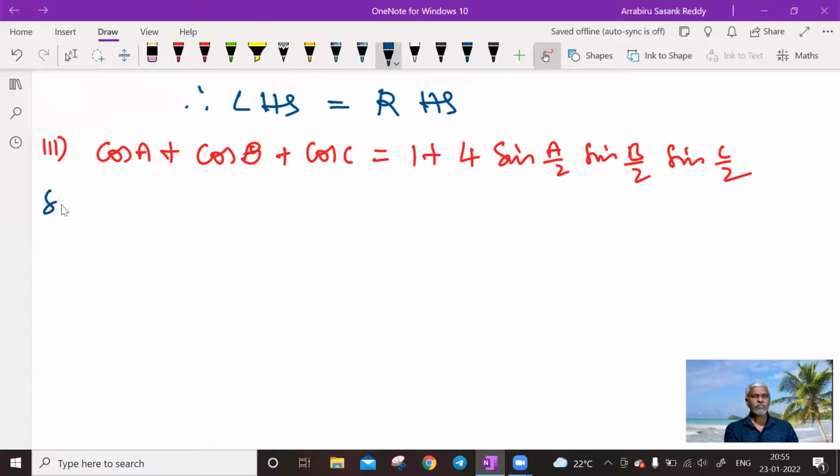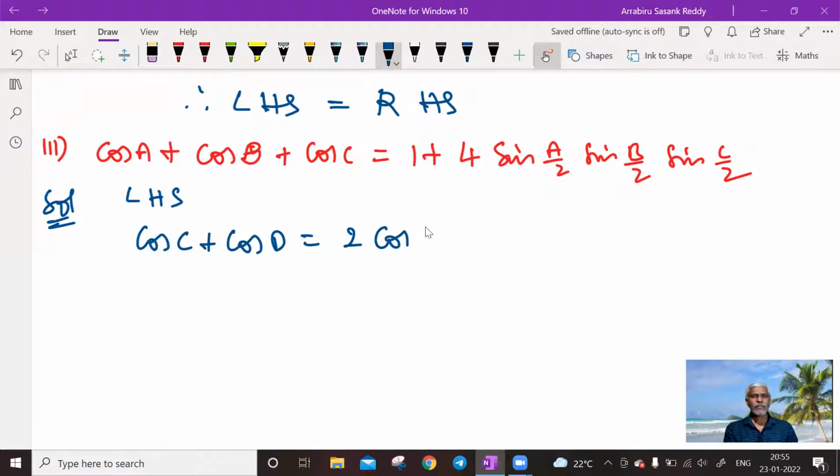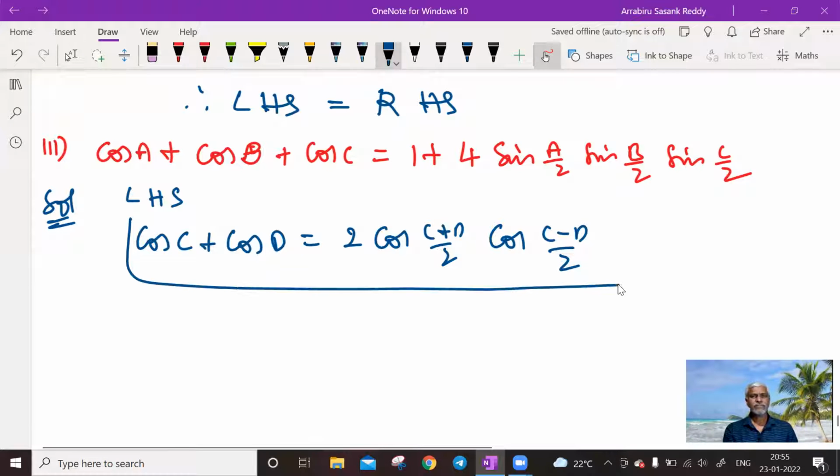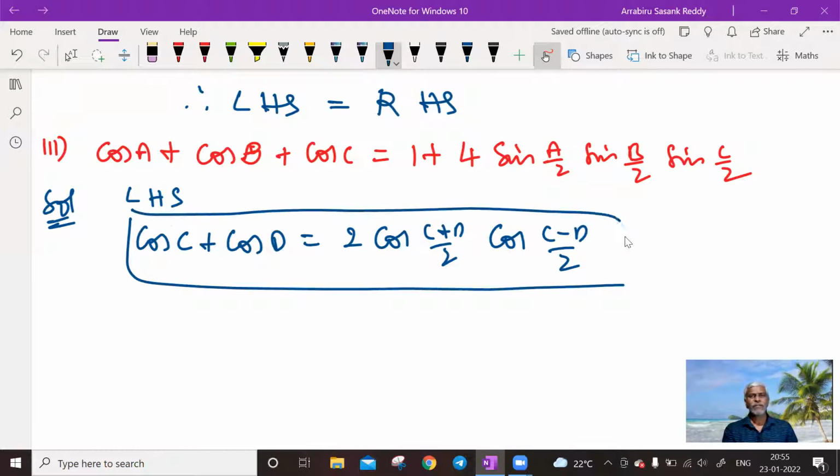Now let us take the left hand side. Use the cos c plus cos d formula: cos c plus cos d is 2 cos c plus d by 2 cos c minus d by 2. Same formula, here in place of c and d, a and b are there.